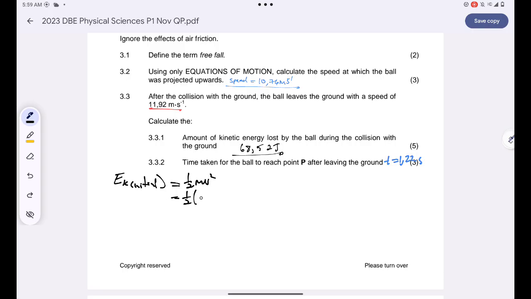So it's 1/2 multiplied by 0.5 multiplied by 20.4 squared. I'll get 104.04 joules, né?